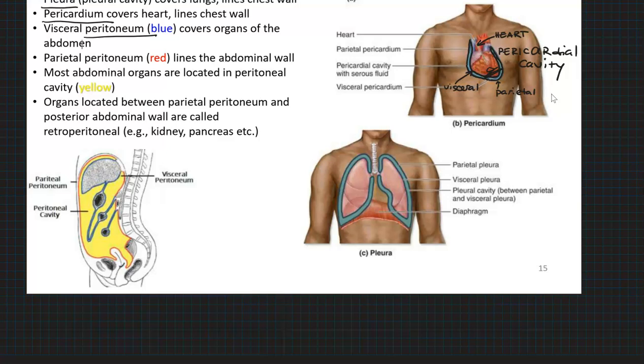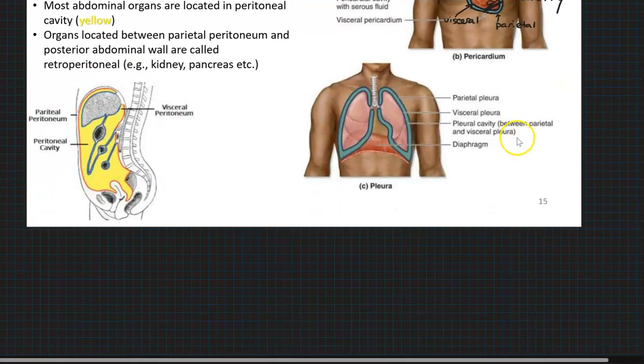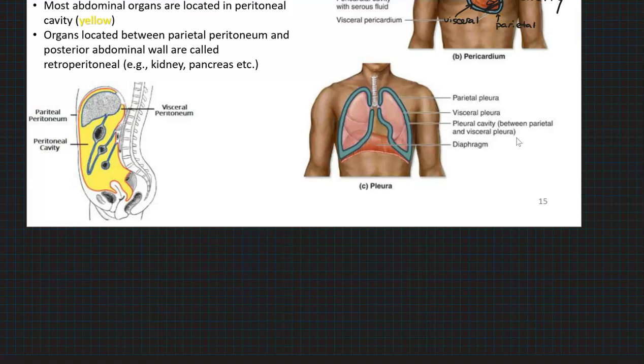If you have accumulation of liquid in the pleural cavity, the lung can collapse, what we call pneumothorax. Now, peritoneum is seriously important. Well, they're all important, but especially in nursing, you're probably going to see patients with peritonitis.